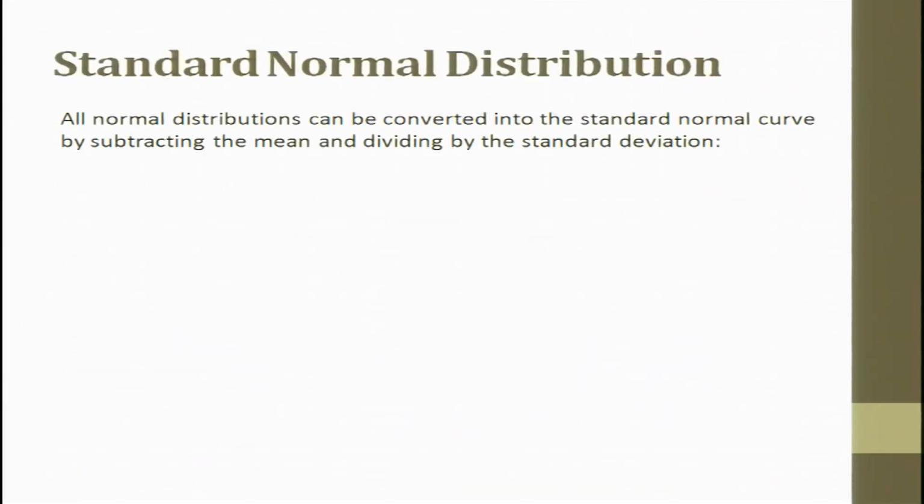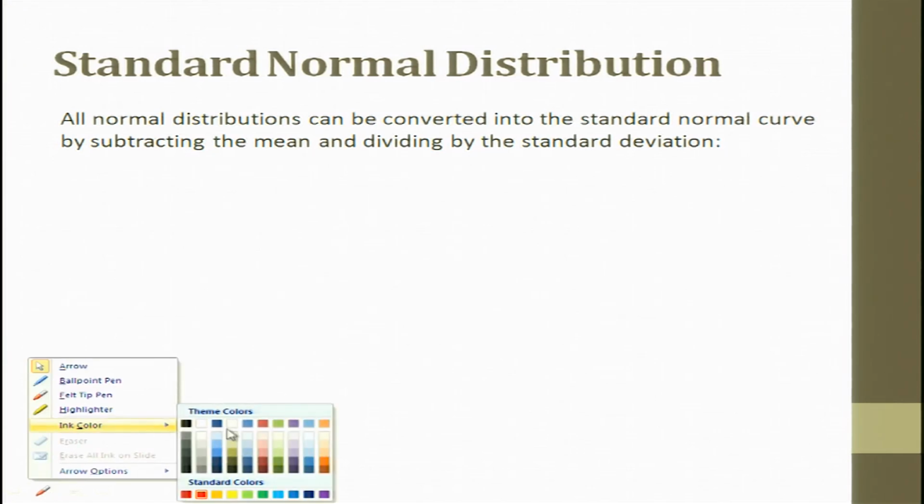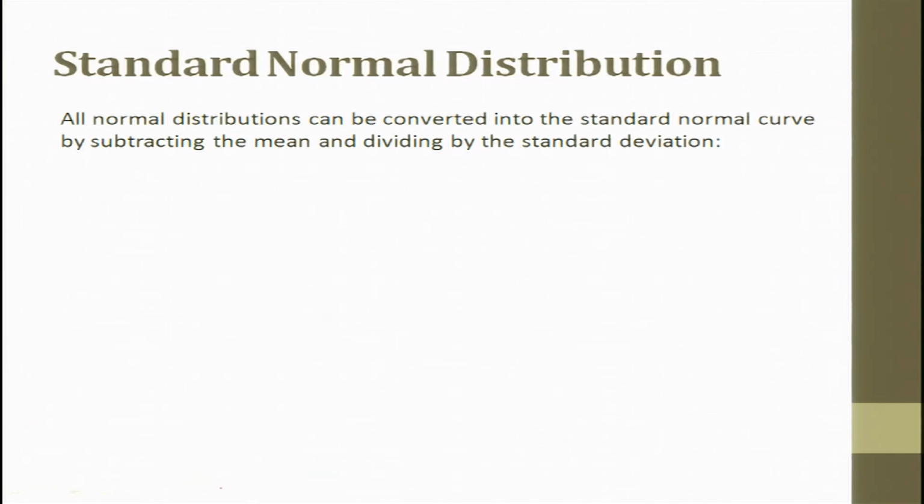Okay. So, next is standard normal distribution. Our normal distributions can be converted into standard normal curve by subtracting the mean and dividing by the standard deviation. Now, this is my random variable x. If I subtract the mean from it and then divide it by standard deviation, I get my standard normal distribution.